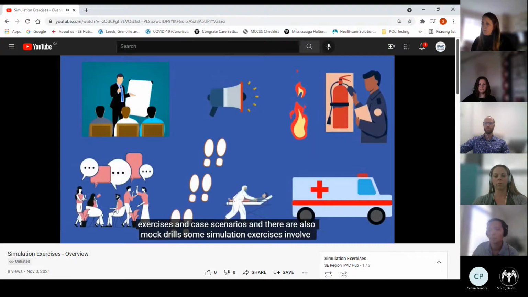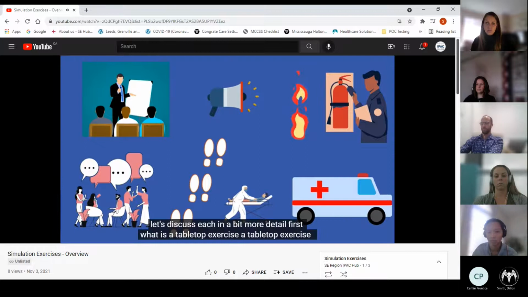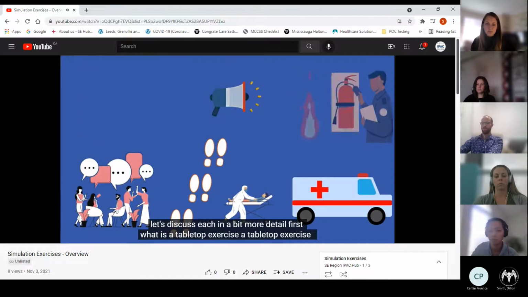There are tabletop exercises and case scenarios, and there are also mock drills. Some simulation exercises involve discussion-based exercises where stakeholders talk through an emergency scenario, where others are operation-based exercises where the facility walks through the steps of an emergency action plan. Let's discuss each in a bit more detail.